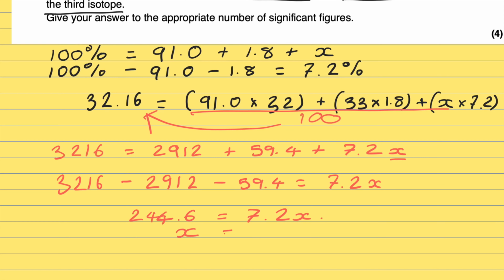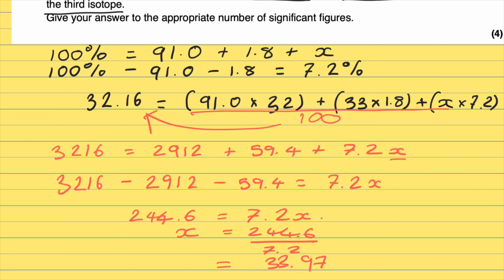So to get x, we just need to divide 244.6 by 7.2, which will give us 33.97.